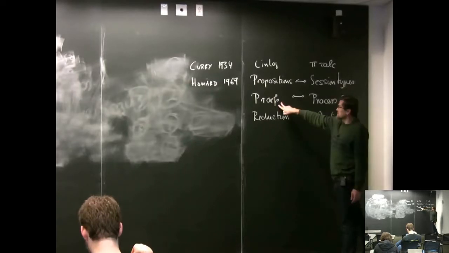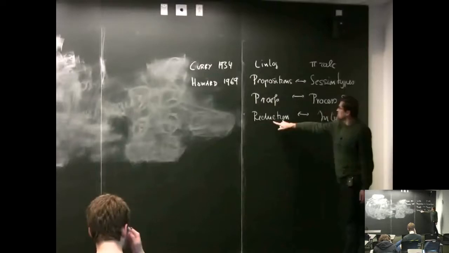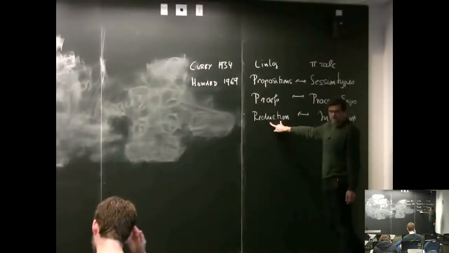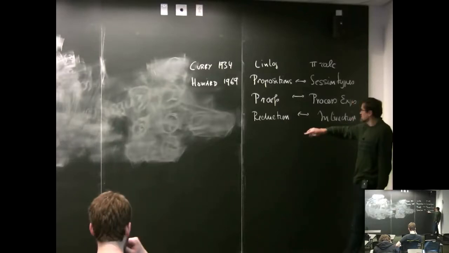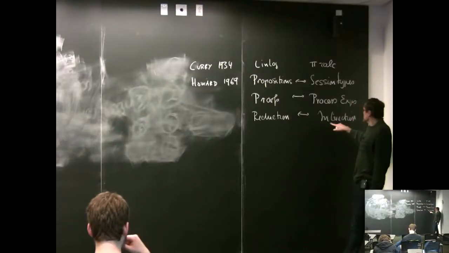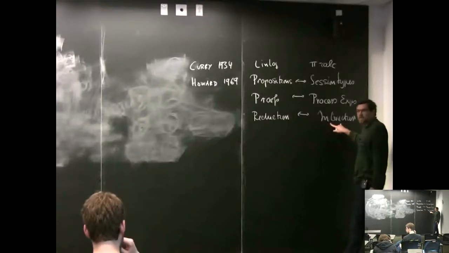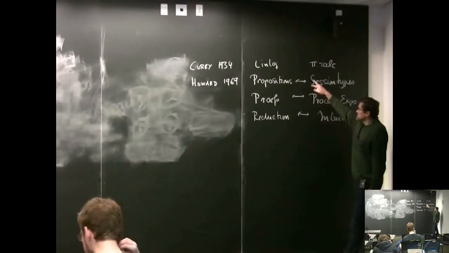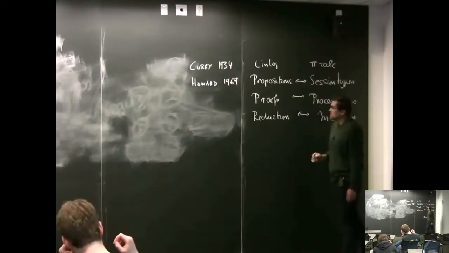Proofs in natural deduction correspond to simply typed lambda terms, and reduction of proofs, the way it was described previously, for example, by Prawitz, corresponds to lambda calculus computation or reduction. He established a bijection of all these arrows, that these really exactly correspond to each other. And that's why it's called a Curry-Howard isomorphism.